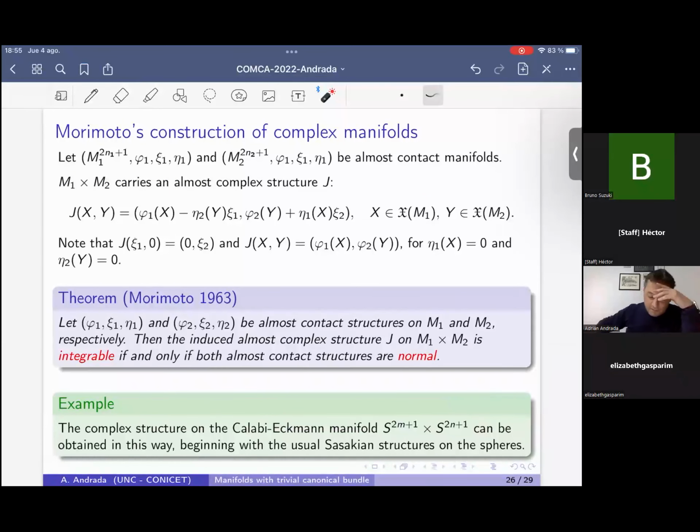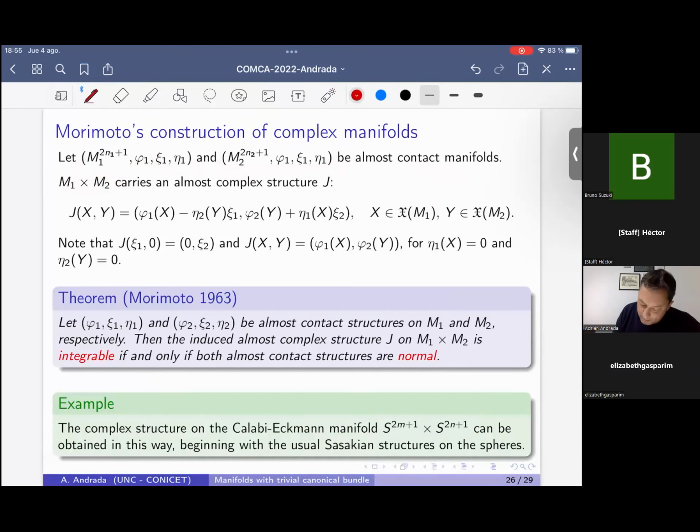And to finish, I will talk about Morimoto's construction of complex manifolds, which is related to the Calabi-Eckmann manifolds, with the product of two spheres. It goes like this. If we have two almost contact manifolds, then we can define on the product another almost complex structure.